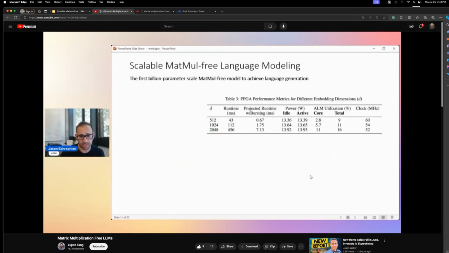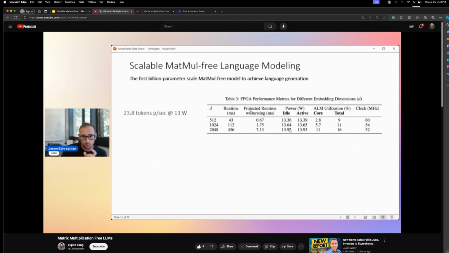So if I was to test performance across different embedding dimensions, sweeping across D for different model sizes, then perhaps in a more interpretable set of numbers. We've got runtime and projected runtime, if we were to access more values from DDR, and energy power estimates from power profiling tools.